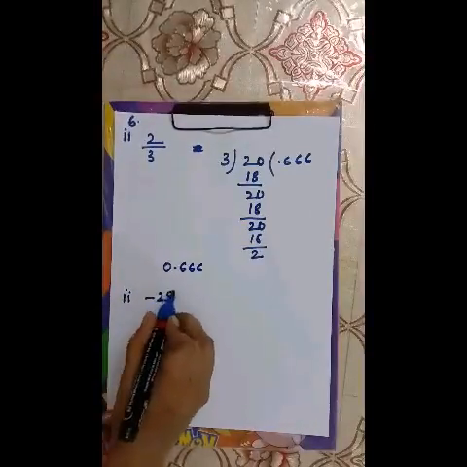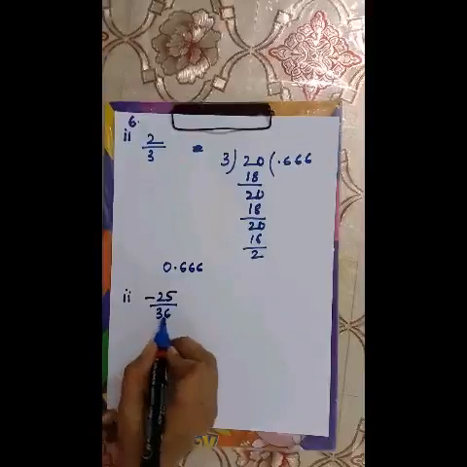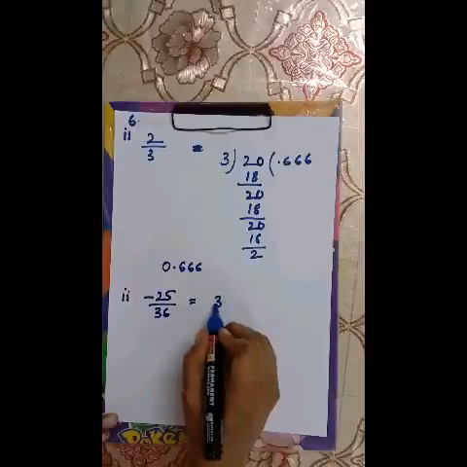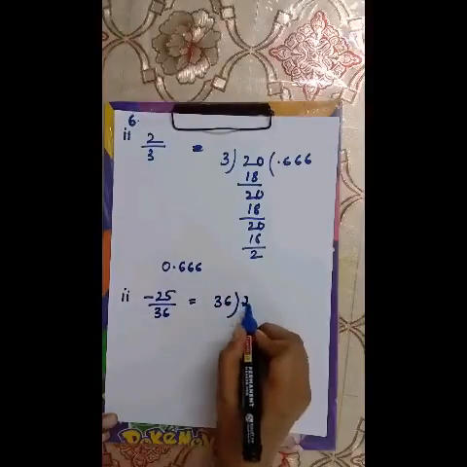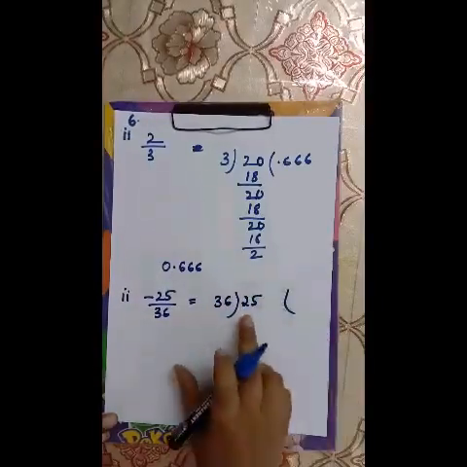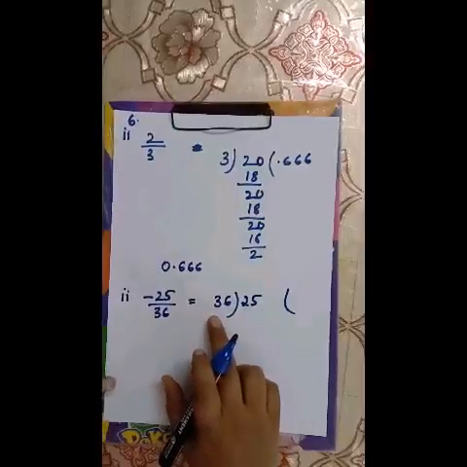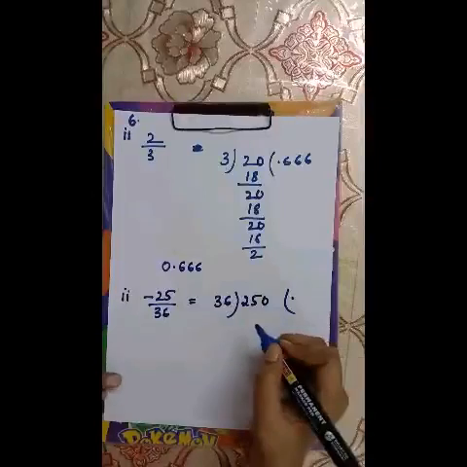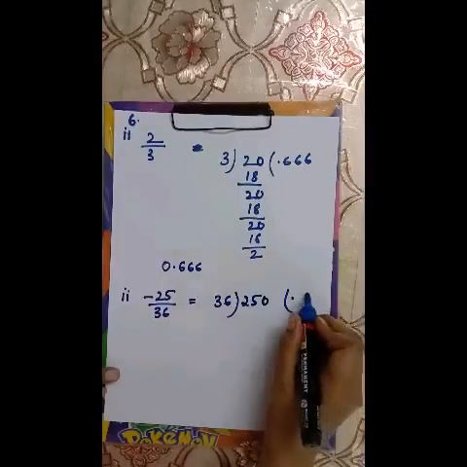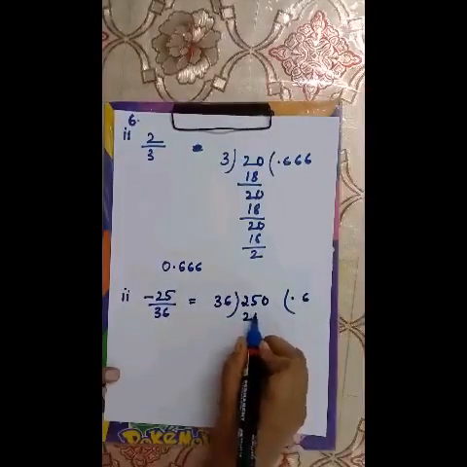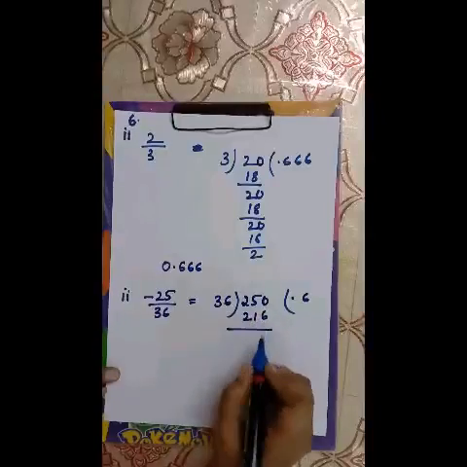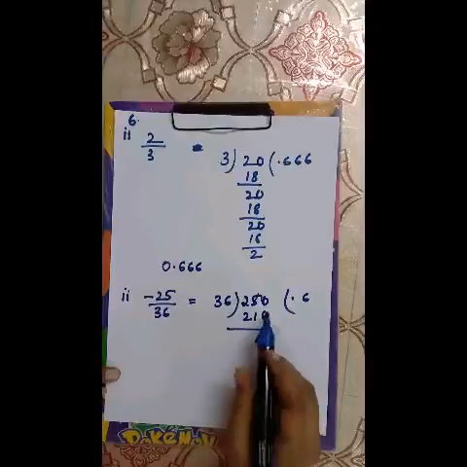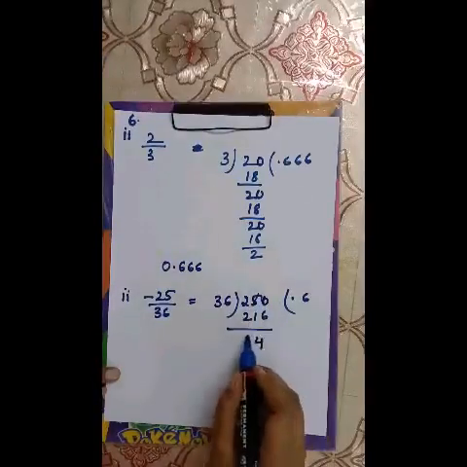Minus 25 by 36. Is it clear? Again 25 is a smaller number and 36 is a bigger number. Put a point, take a 0. 36 6s are 216. When you subtract this, 10 minus 6 is 4, and here 4 minus 1 is 3.